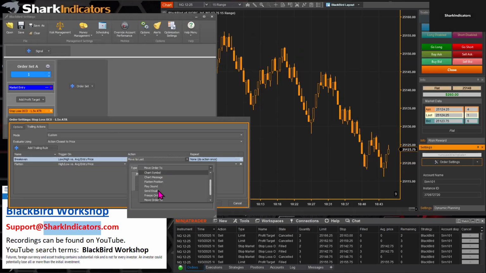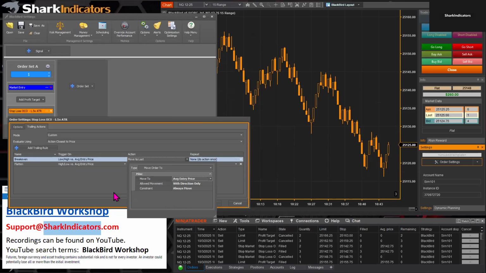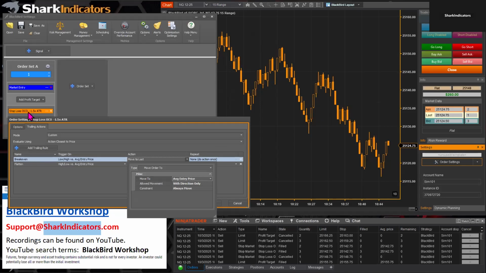Break even is, oops, hold on, wrong one. So we're going to go into the move to there. So break even is your average entry price. There we go. So just move your stop loss to the average entry price.